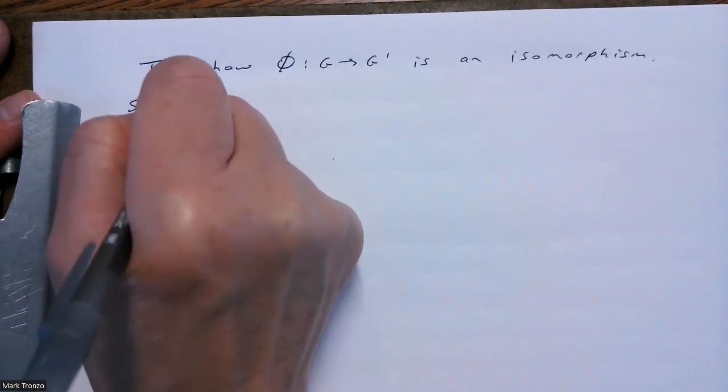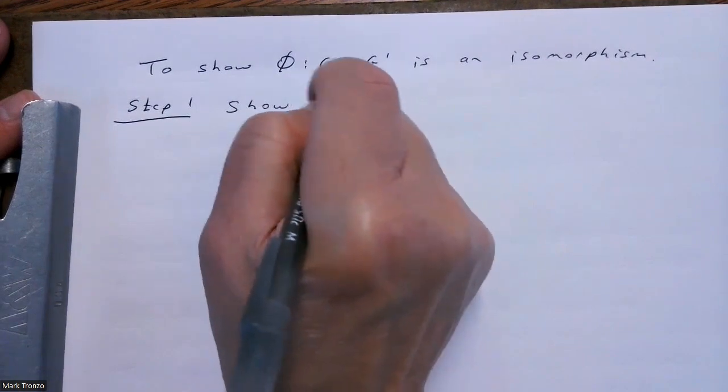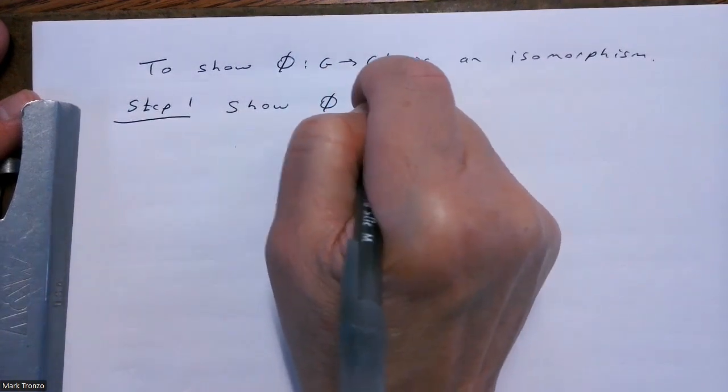you go through these steps. Step one, show phi is a homomorphism.